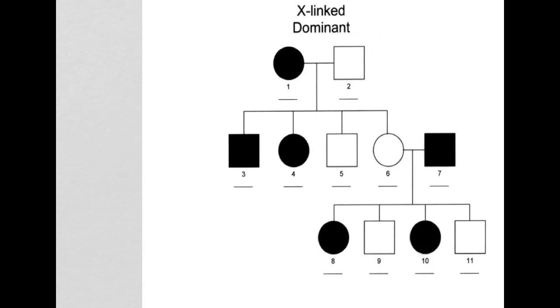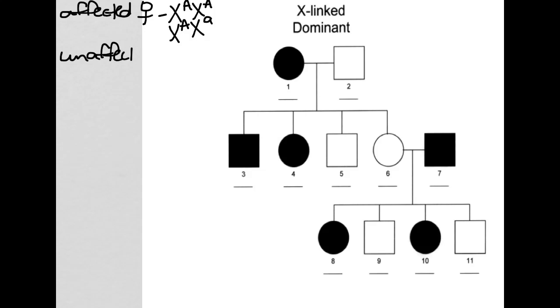So what do we know about the genotypes of individuals on X-linked dominant traits? We know that all affected females are going to be of the genotype X big A, X big A, or X big A, X little a. We know that all unaffected females are going to be of the genotype X little a, X little a.